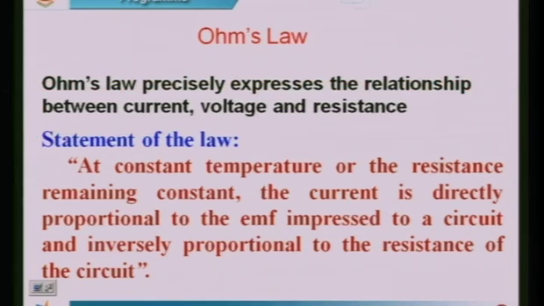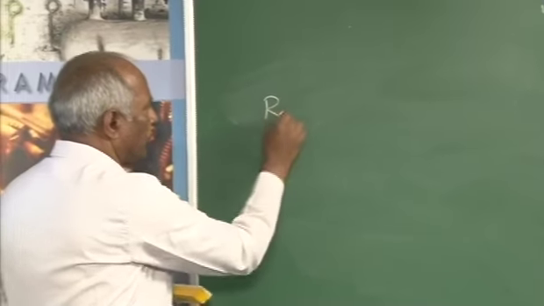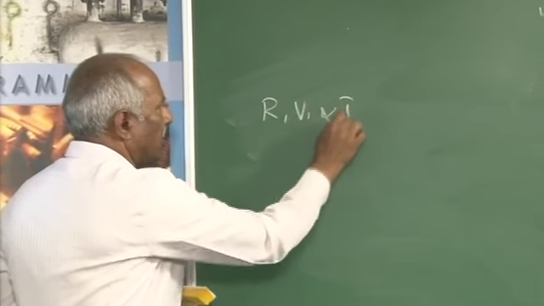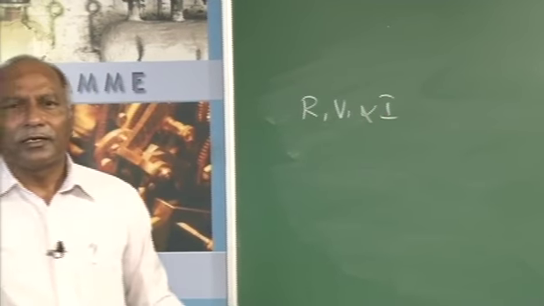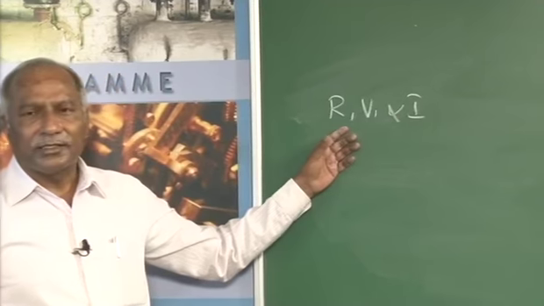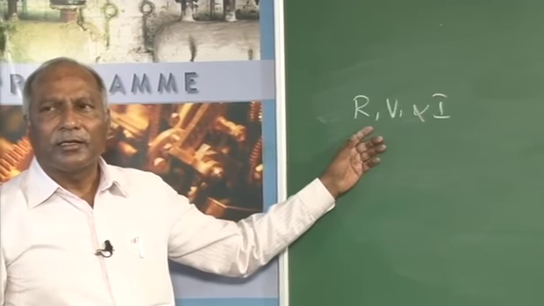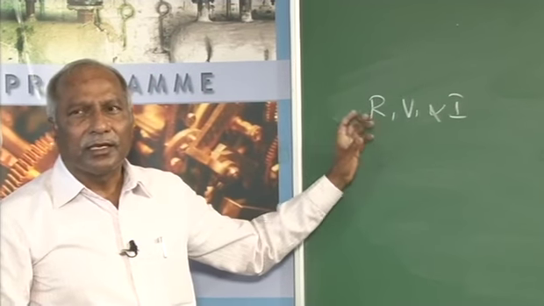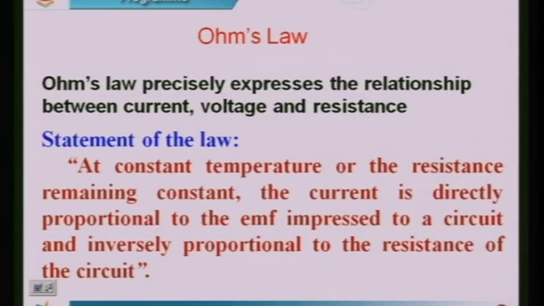it relates the resistance, voltage and current. According to Ohm's law, at constant temperature, the resistance remaining constant, the current is directly proportional to the EMF impressed into the circuit and inversely proportional to the resistance of the circuit.